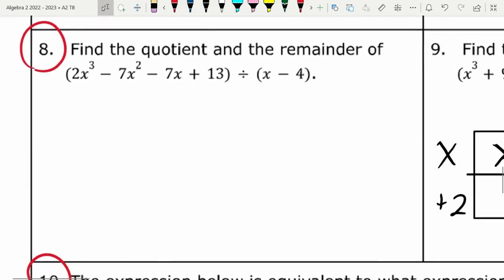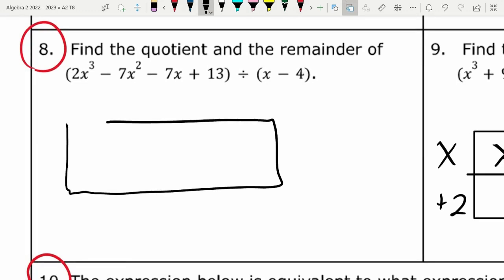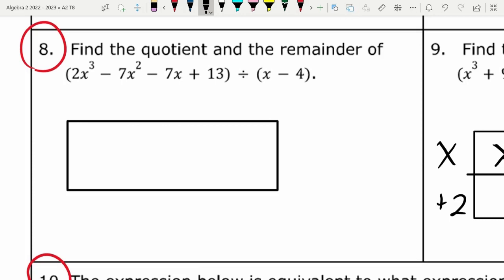All right, for this next one, if you're not in my class, if you have a different Algebra 2 teacher, you probably did not learn this way. So feel free to skip this problem and just do it the way your teacher taught you. For my class, you guys can just do this the way we always do it. We're going to take our factor, x minus 4, put that on the side.